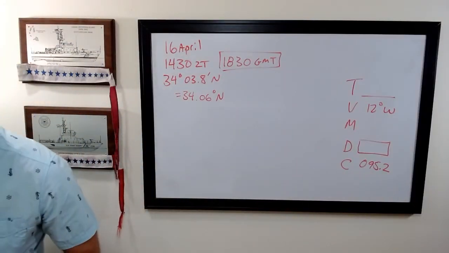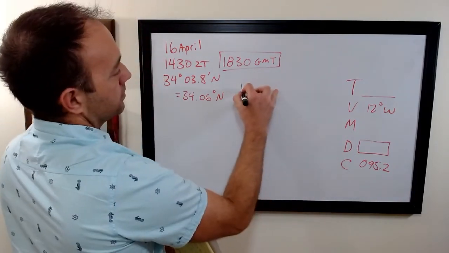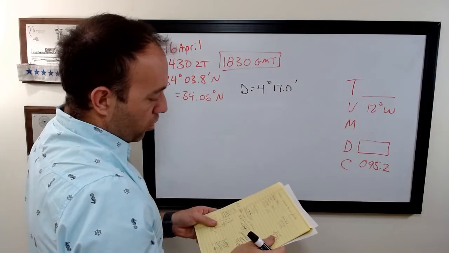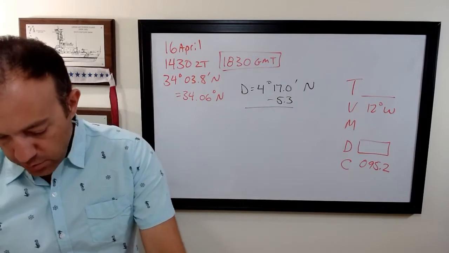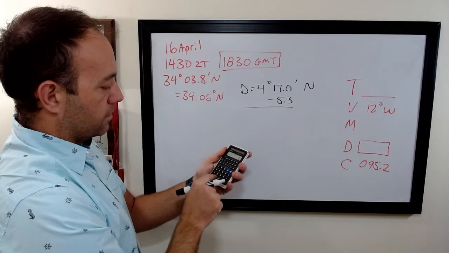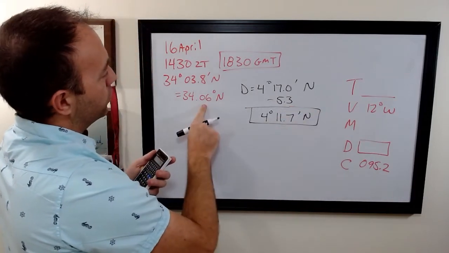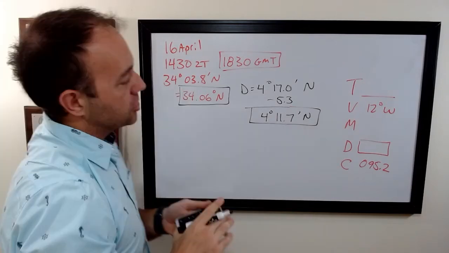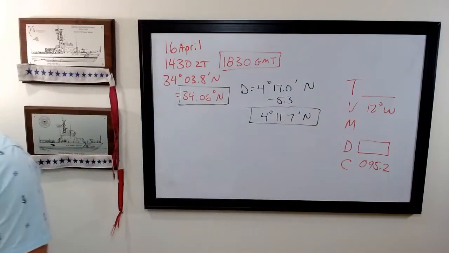So we'll take the declination of 4 degrees 17.0, and it was northerly declination, and it was changing at that rate. We'll subtract that. We got our declination. Bam. We got our declination, we got our latitude, so we can use Bowditch now to get the amplitude. We're done with the Nautical Almanac for the semester. What a great feeling, right?